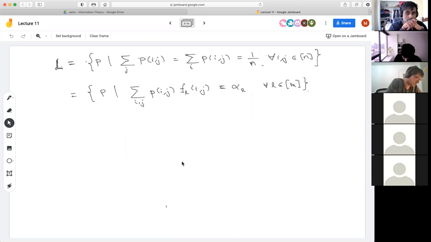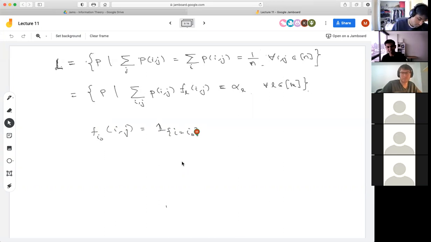So let's define indicator functions. Let's define functions f sub i0, which takes i, j and is 1 if we are talking about some entry in the i0 row and is 0 otherwise.